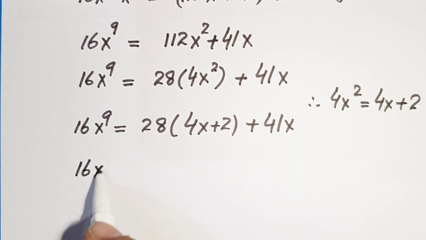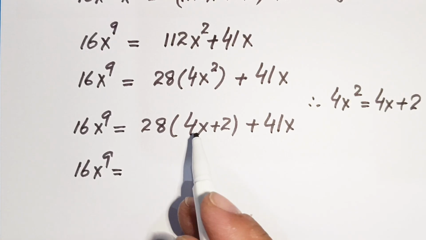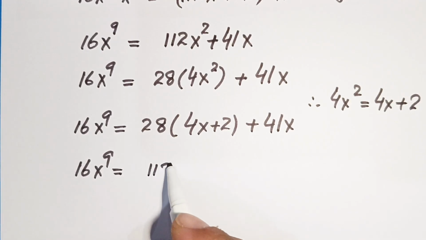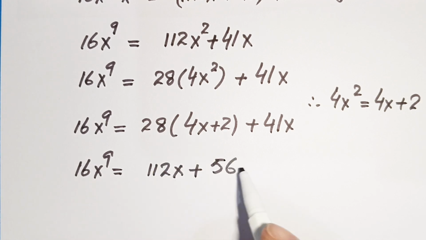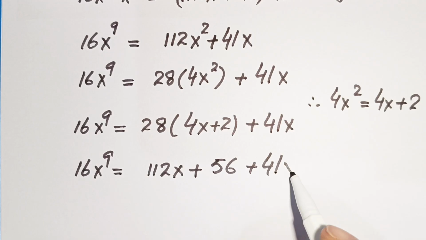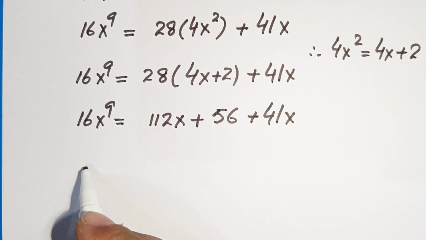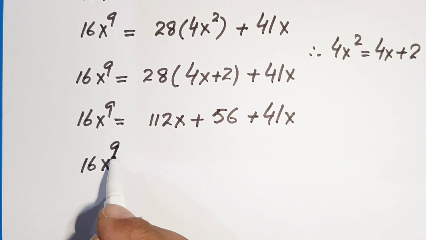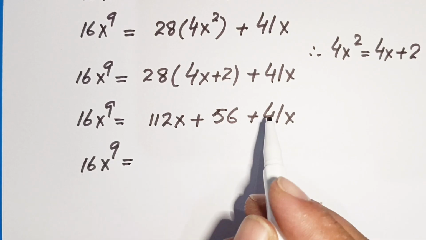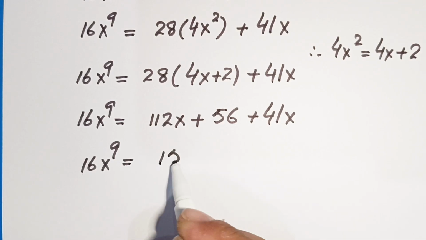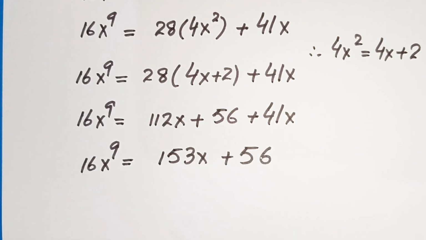If we multiply 28 with 4, we get 112x, plus 28 multiplied by 2 is 56, plus 41x. Now adding the like terms, 16x to the power 9 is equal to 112x and 41x, which is 153x, plus 56.